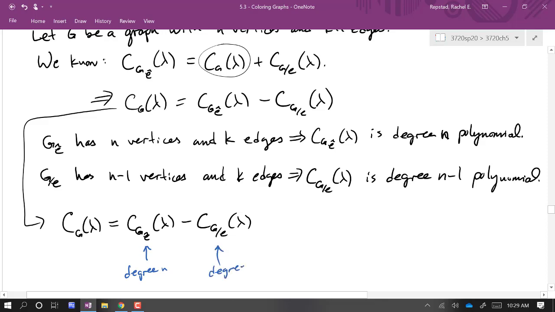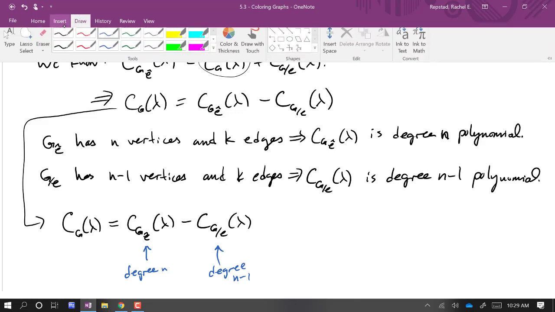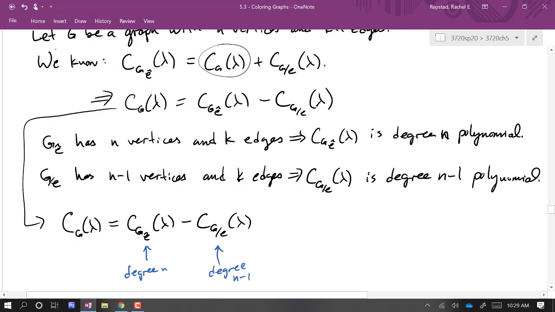This is really important, because if I take a degree n and subtract a degree n, maybe those nth powers cancel each other out. But since I'm subtracting a degree n minus 1, I know I'm going to maintain the degree of this polynomial as n. And that's what we wanted to show.